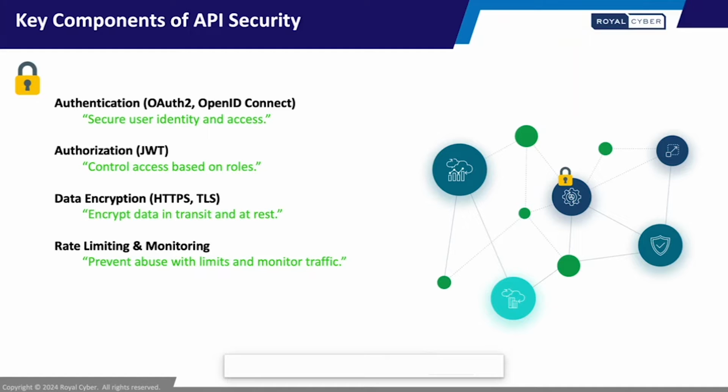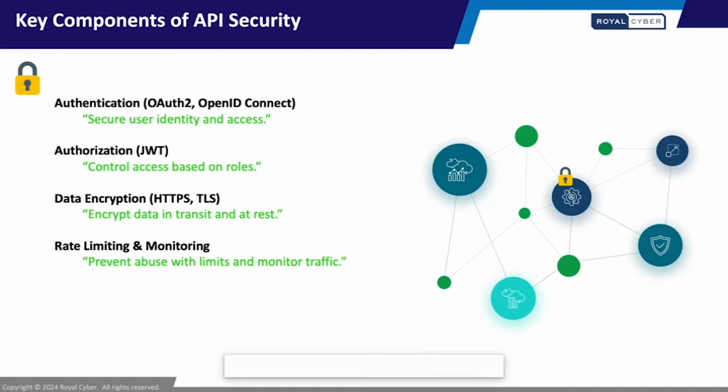Now, within authentication, when you're going to authenticate someone, you need to ensure that you have verified users who can access the APIs at any point. And this is very, very crucial. So OAuth 2.0 and OpenID Connect provide a robust mechanism for managing authentication, ensuring secure access to API resources.